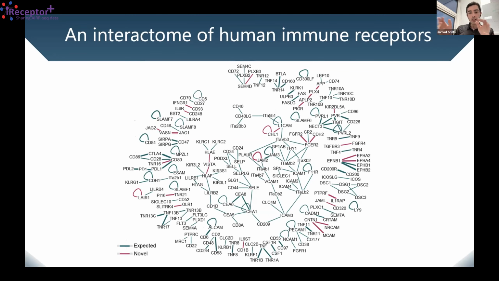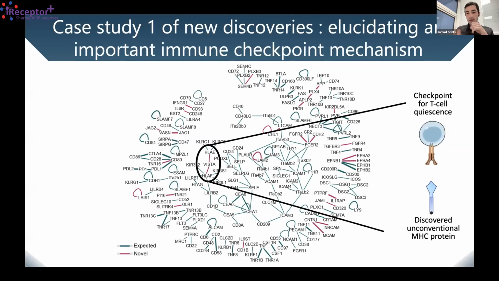You can see through all the red colored edges how just through this study alone, we've been able to expand what was known about the human immune system by about 20%, just to get a sense of how much was previously unknown, how much we're able to fill in to get this systematic picture of what happens in the immune system. I'll just go through a couple of case studies of why this is quite interesting, particularly for the cell biologists in the audience who realize every single one of these links could be quite a fascinating story in themselves.